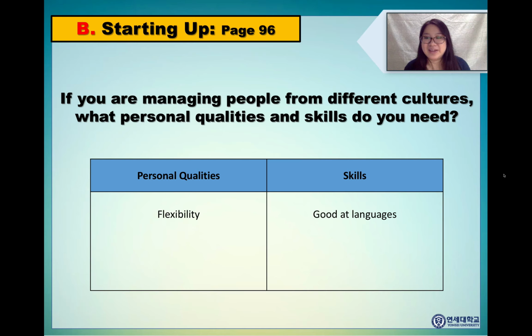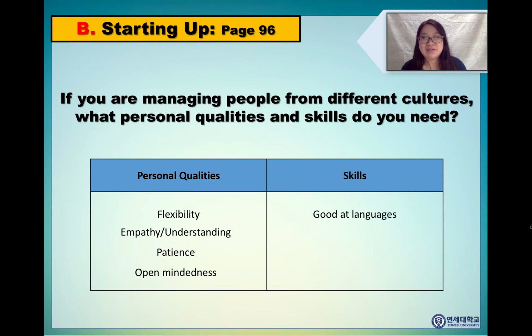Personally, I thought that some personal qualities that you would need to manage people from different countries included flexibility, empathy or understanding for their situation. For example, maybe in their culture, they understand a social situation differently. We need to have empathy for our cultural differences.